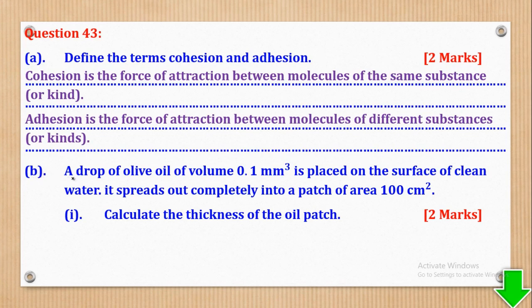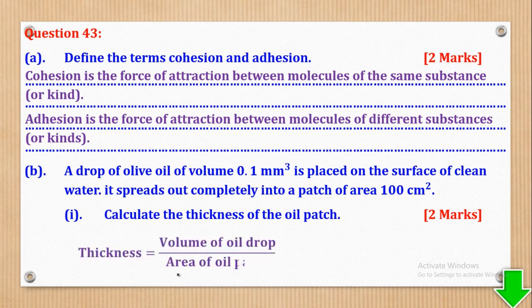Then part B, a drop of olive oil of volume 0.1 millimeters cubed is placed on the surface of clean water. It spreads out completely into a patch of area 100 centimeters squared. Calculate the thickness, Roman 1, calculate the thickness of the oil patch.